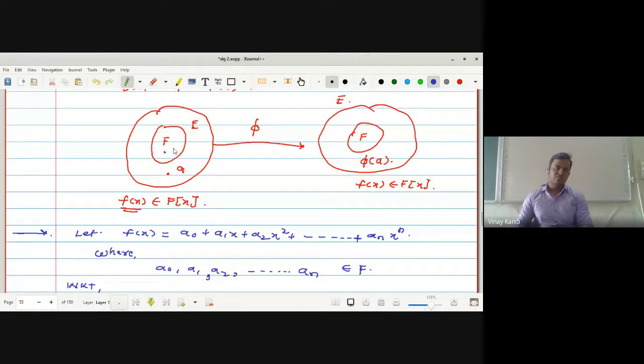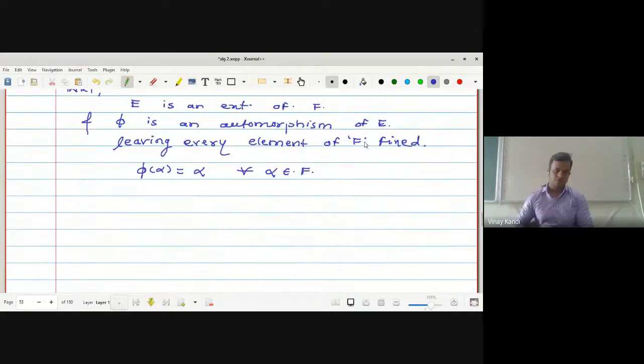Whenever you take alpha belonging to F, in this set, then it will behave like an identity map. Phi of alpha is equal to alpha. Thus phi of alpha is equal to alpha for every alpha belonging to F.